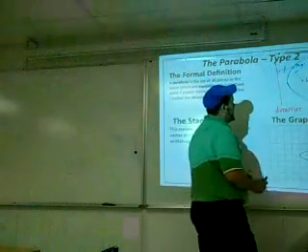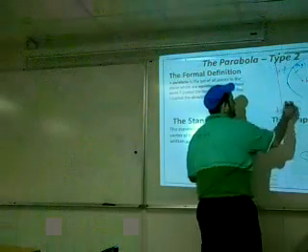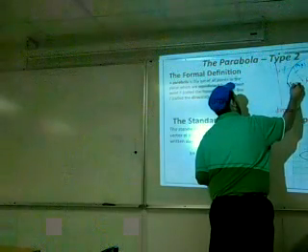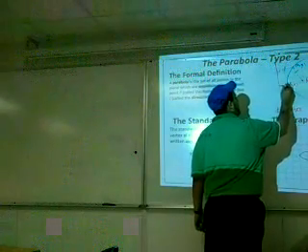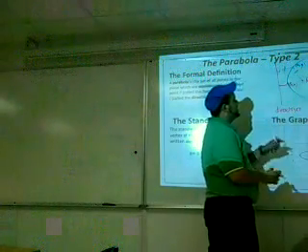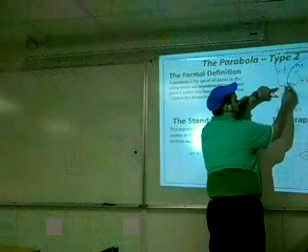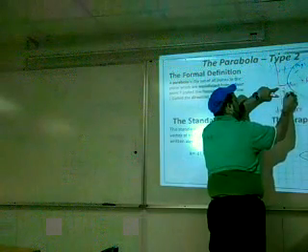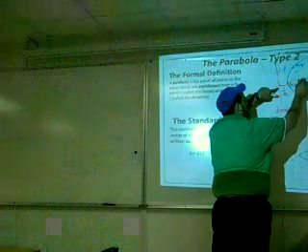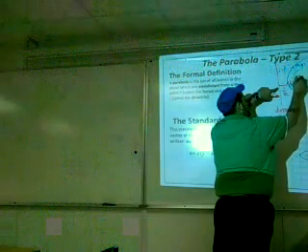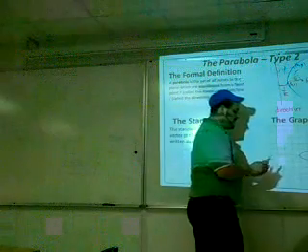The vertex is located over here at h comma k. If I needed to know the location of the directrix, the distance between the directrix and the vertex is still determined by 1 over 4a. The distance from the vertex to the focus is still determined by 1 over 4a.